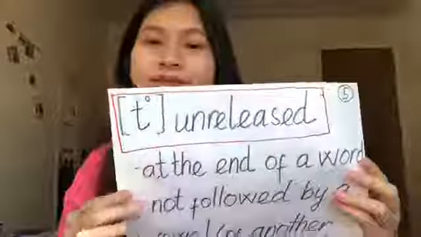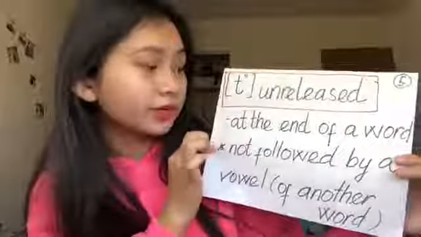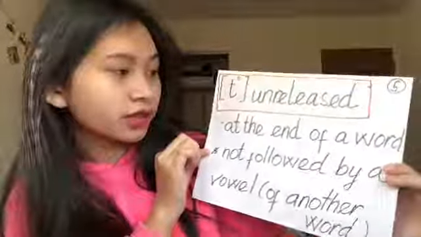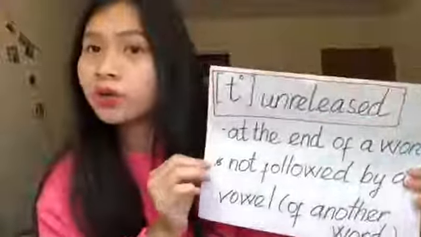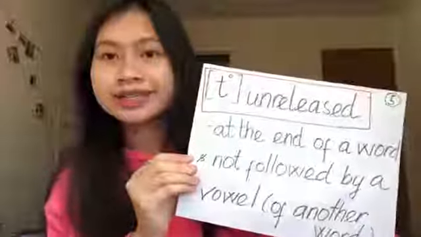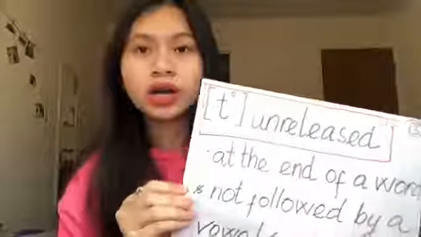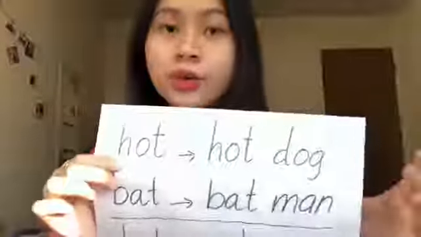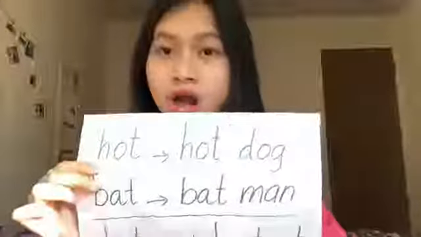Last but not least, we have the unreleased T. So if the T is at the end of a word and not followed by a vowel of another word, we are not going to pronounce the T, but instead we are going to stress the word. For example, if we have hot, we are not going to pronounce it with a released t.